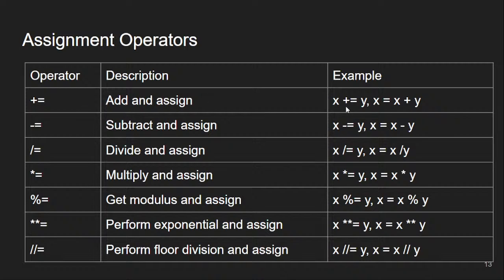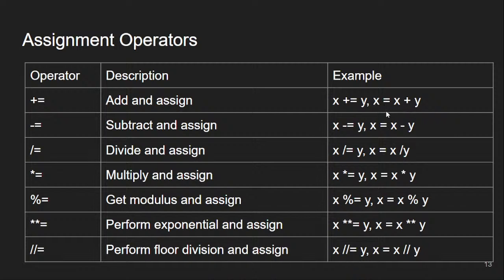So if you check this example out, what you are doing with this x plus equals y is that you are going to add y to the value of x and then assign that value that you get as a result of the addition to x. Okay, so this is the same thing as saying x equals x plus y. So you can think of this as a shorthand. So this is the short form of this.